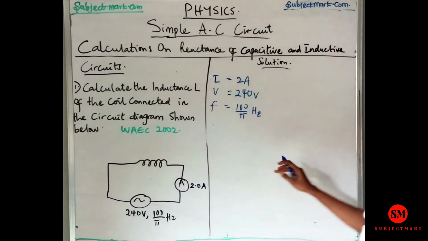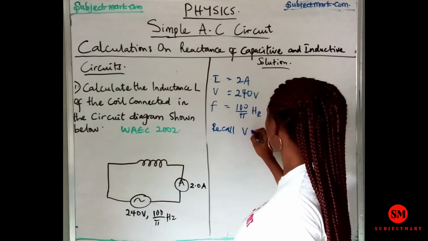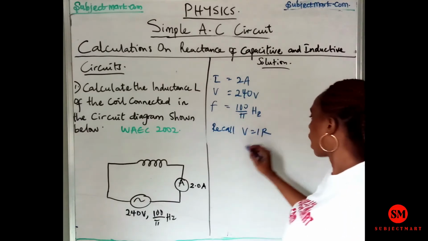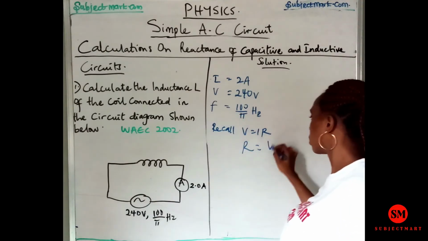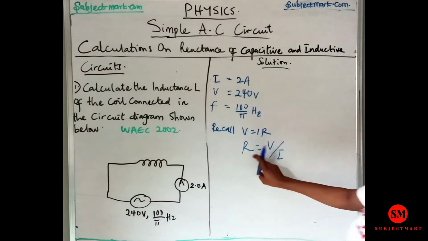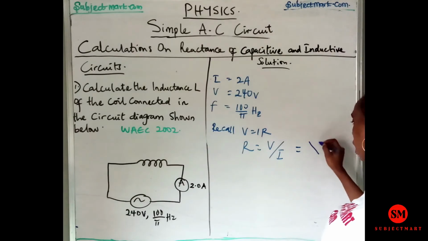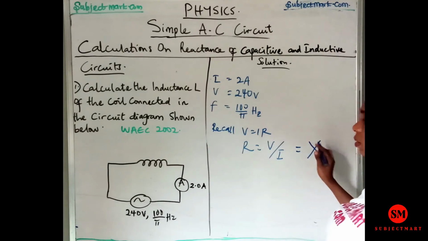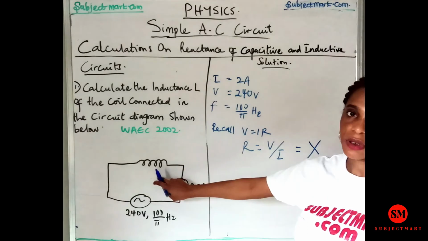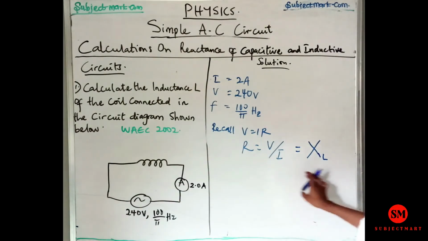From Ohm's law, you recall that V is equal to IR. R from here is V over I. And we said that R also is equal to our reactance. In this case, this is an inductive circuit, so it's our inductive reactance.